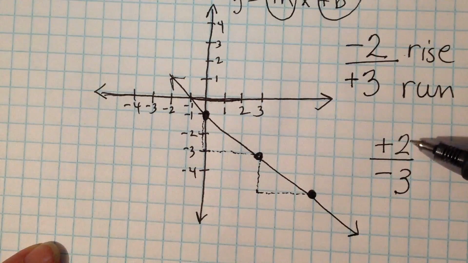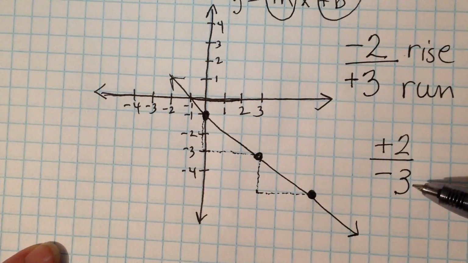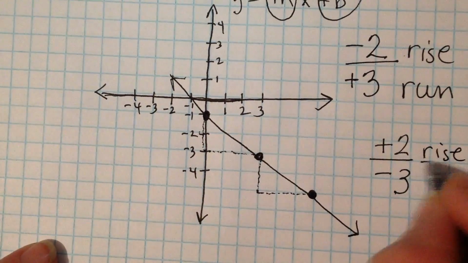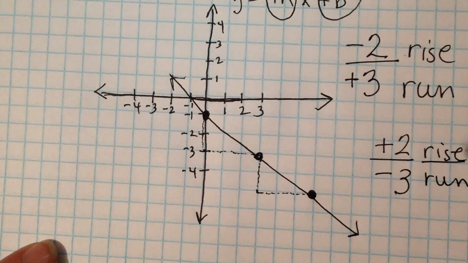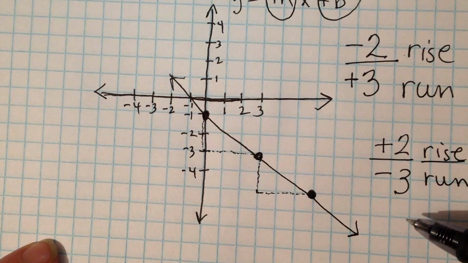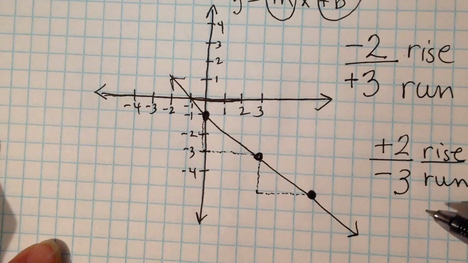It's just this time the positive goes with the numerator and the negative goes with the denominator. So if I use positive 2 over negative 3, I'm simply finding more points on the same line.